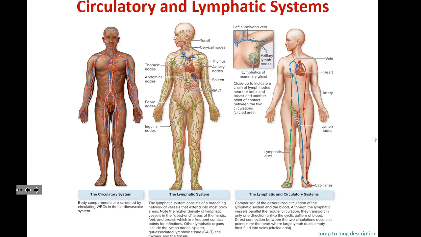Comparison of the generalized circulation of the lymphatic system and the blood. Although the lymphatic vessels parallel the regular circulation, they transport in only one direction, unlike the cyclic pattern of blood. Direct connection between the two circulations occurs at points near the heart, where large lymph ducts empty their fluid into the veins, that is, into the circled area.